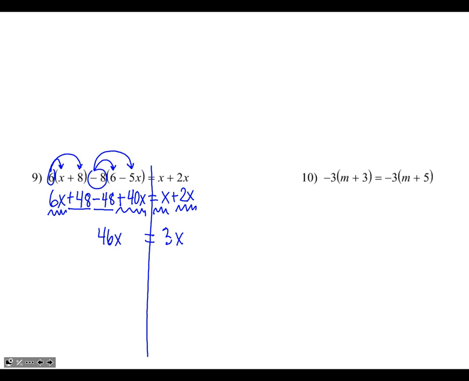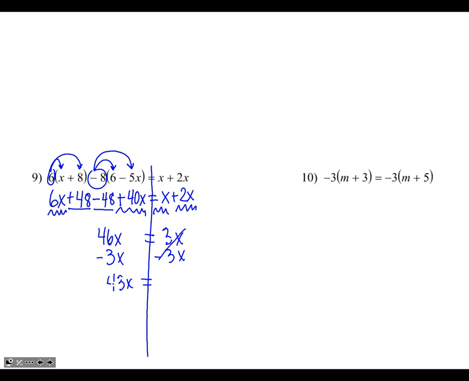Okay? So here's what I'm going to do. Subtract 3x from both sides. Don't freak out, guys. It's okay. 46 minus 3, because I got a positive and a negative, so I find the difference. That's 43x. And the negatives had less, the positives had more, so 43x equals.